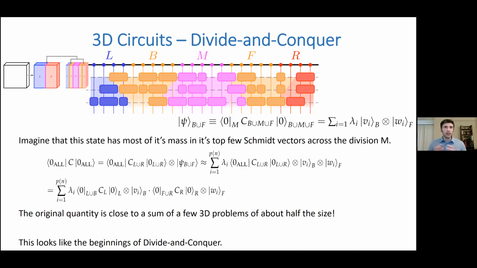So here's a more technical motivation for this divide and conquer algorithm. Imagine a state, psi B union F. This is a quantum state on the registers B and F illustrated here. By the way, I'm drawing the gates here in 1D form, but this is actually meant to represent a slice through a 3D circuit. I'm just drawing it in 1D because it's easier to draw.